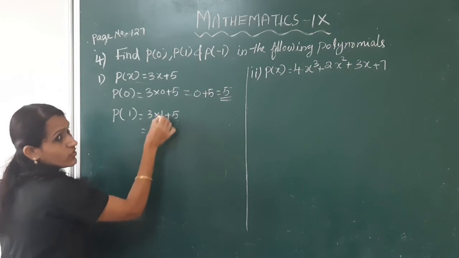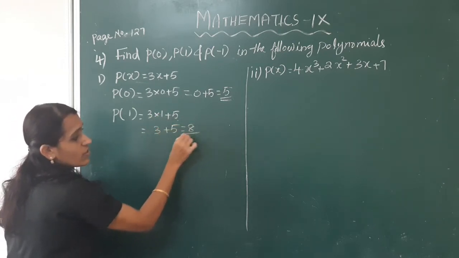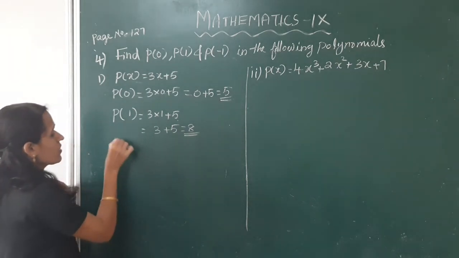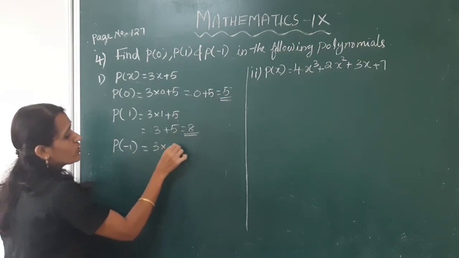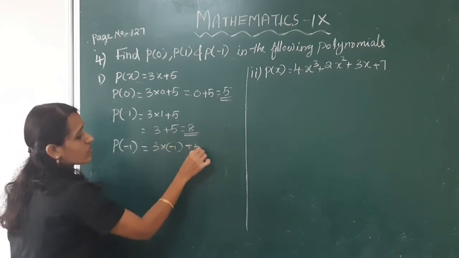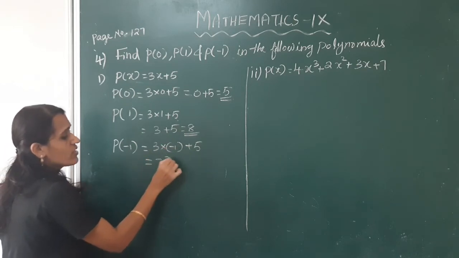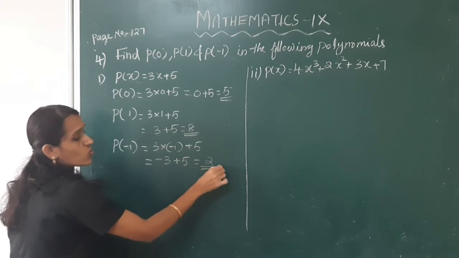This is equal to 3 into 1, 3 plus 5 is equal to 8. Okay, clear? Next, P of minus 1. This is equal to 3 into minus 1 plus 5. This is equal to minus 3 plus 5. This is equal to 2.